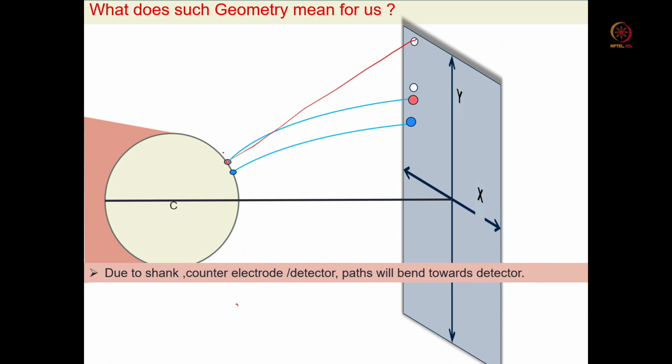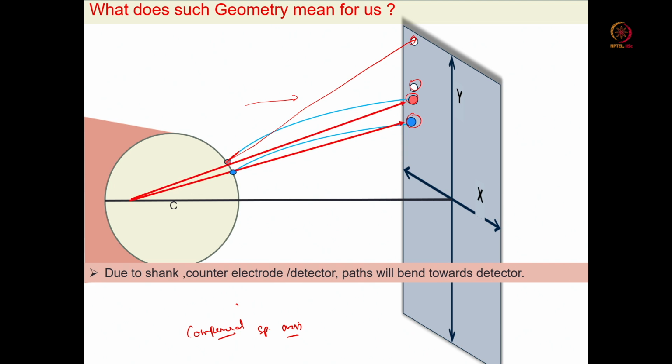At the near field, the initial travel of that ion might appear perpendicular to the surface, but as it goes towards the detector, it gets compressed towards the specimen axis. So the final position will be these positions, not these positions.